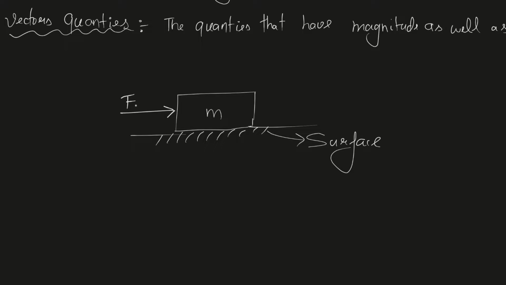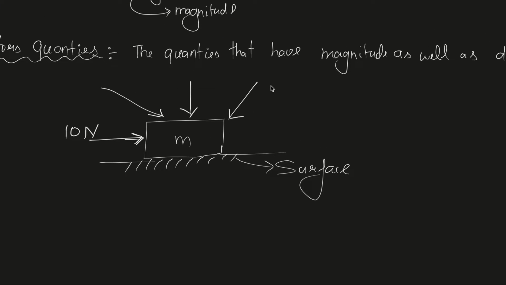Then you are specifying that force is a vector quantity, because you also have to specify the magnitude. Let's suppose you apply 10 Newton. Newton is the unit for force. And you also have to specify the direction in which you are applying the force to the object. Let's suppose you apply the force here. Are you getting it?